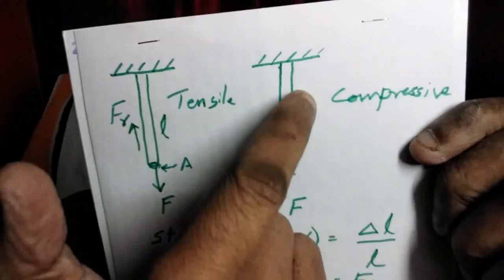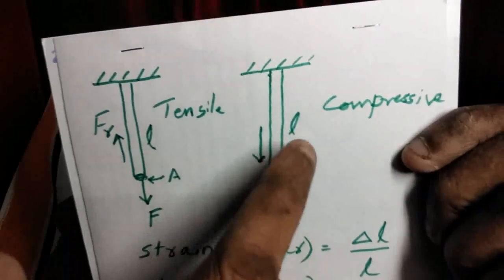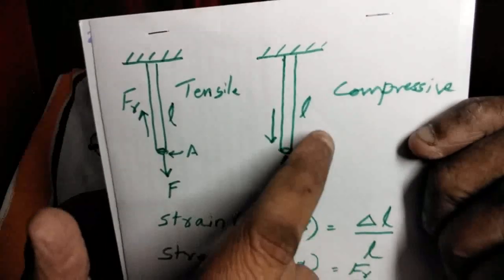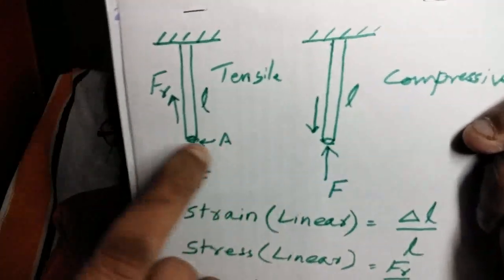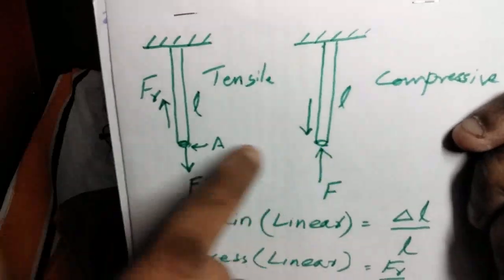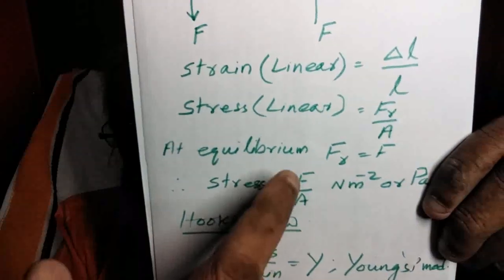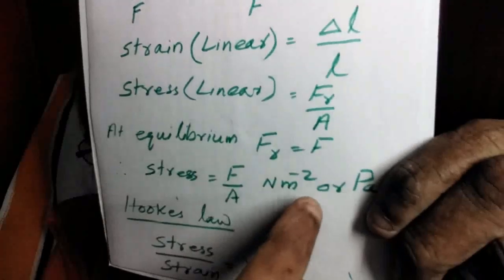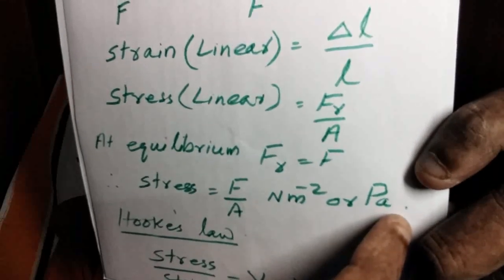Here a decrease in length occurs. This decrease in length delta L by original length is called compressional strain. Both these combinedly are known as linear strain. So linear strain means change in length divided by original length. It has no unit, but stress has the unit of Newton per meter square, that of pressure, or called Pascal.